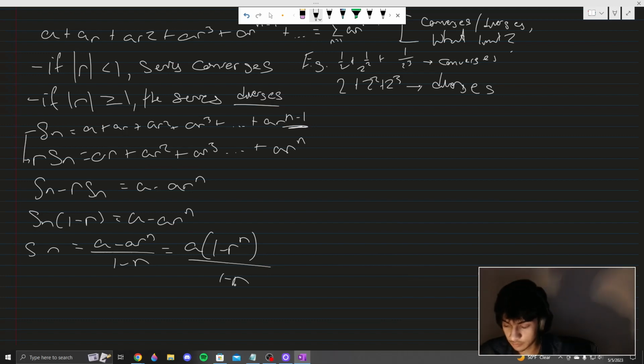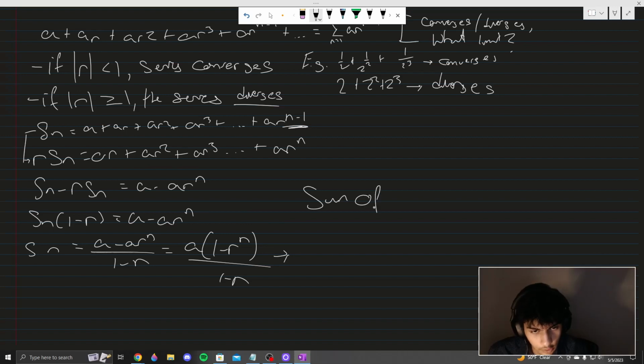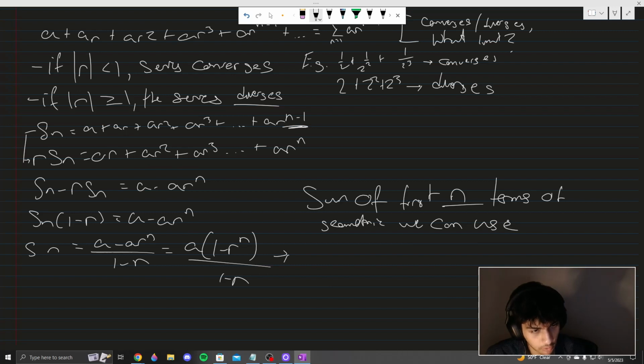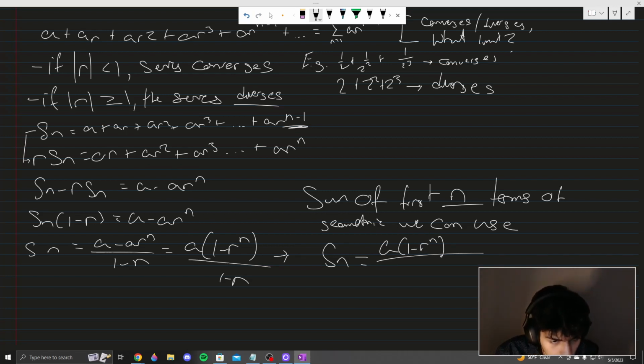And then we move on by deriving that if we want to find the sum of the first n terms of a geometric series, we can use that formula right there: S sub n equals a times 1 minus r to the n, over 1 minus r.